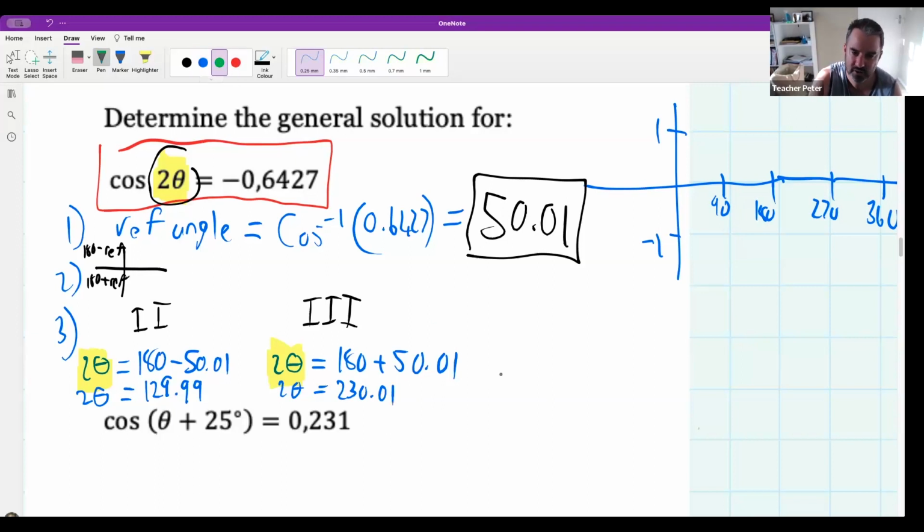I want you guys to find me what are my final 2 answers for theta. And you're right, you do now have to deal with this 2. But the good news is the way to undo a multiply by 2 is to divide by 2. So give me my answers for this trig equation.